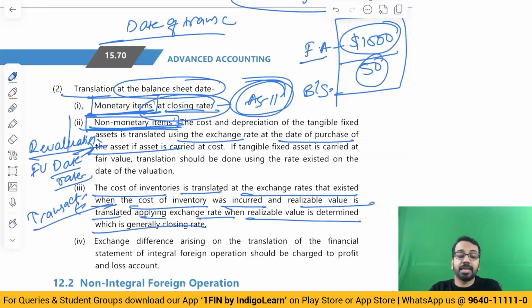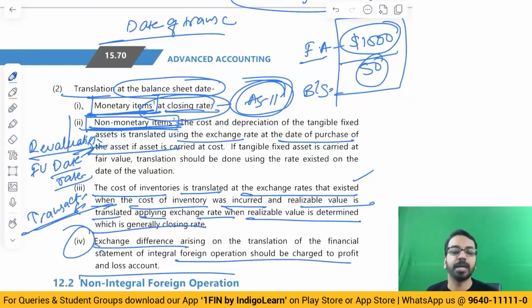When you purchase the inventory, what was the rate on the date of transaction? That is the rate you will consider for valuing the inventory. If you are determining NRV, you will take the rate of NRV. Then, this is very important, exchange difference should be charged to the P&L.